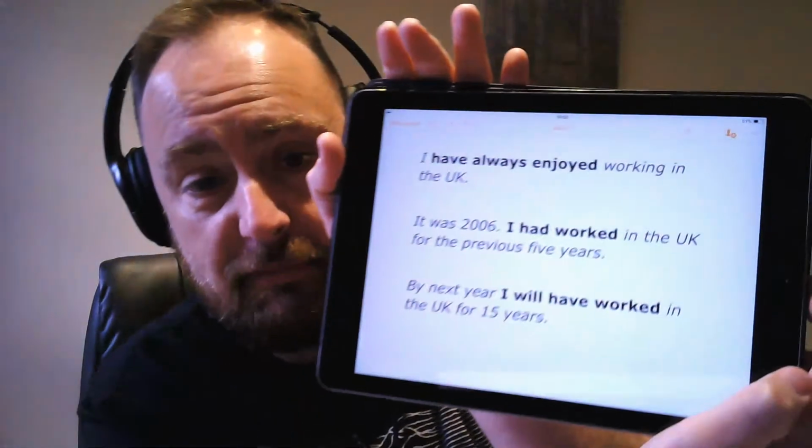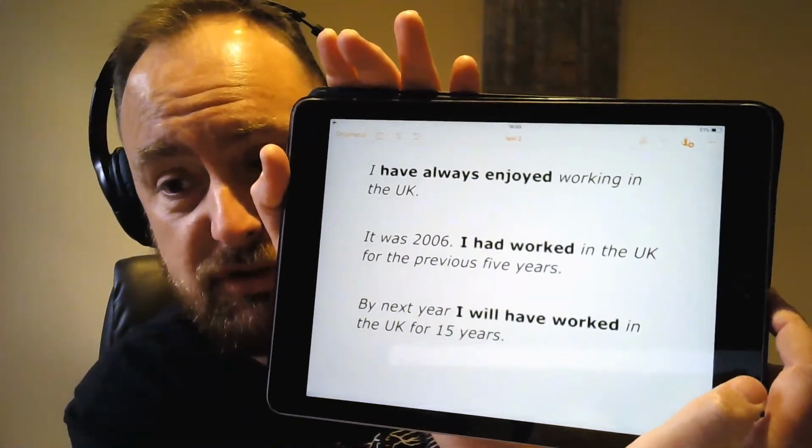Now, I have my iPad here. I'm going to show you some sentences and structures as we go along. But I'm also going to put the text and the sentences in the chat box. So whatever's easiest for you, you can look at the screen as I show you them, or you can look at the chat box. To start with, I'm going to put up 3 sentences of the tenses that we're going to look at.